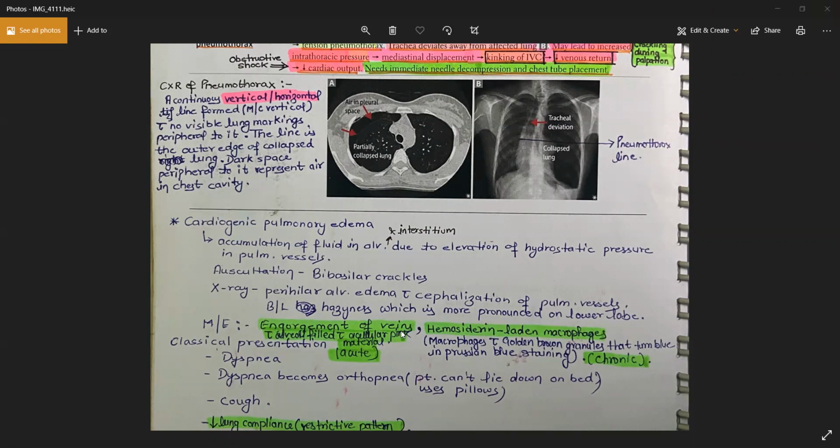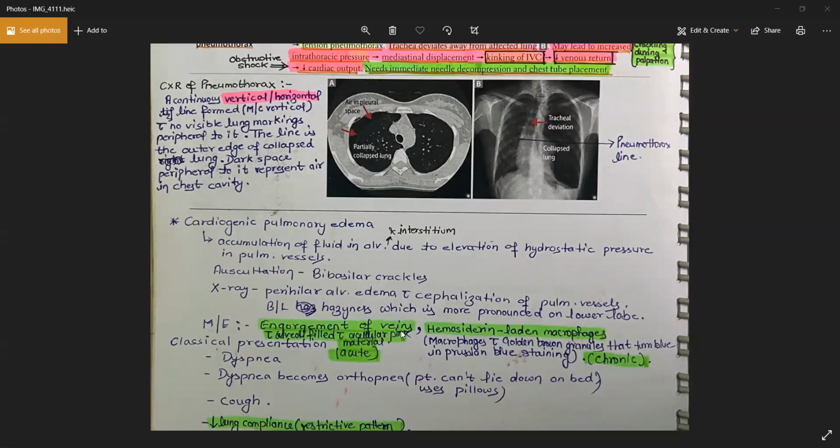Now, when you have a chronic heart failure, due to chronic congestion, RBCs will be phagocytosed by the macrophages, and they will release iron. So what you will find is hemosiderin-laden macrophages in case of a chronic heart failure. Step one can give you a patient having a chronic heart failure or an acute heart failure, and they will ask what findings you will see in the lungs.